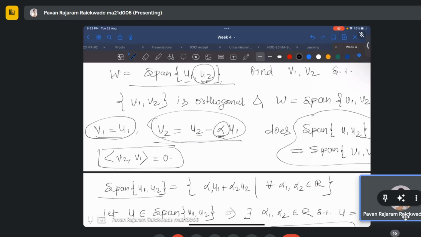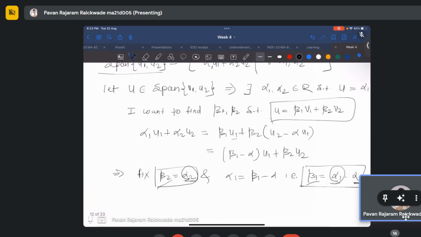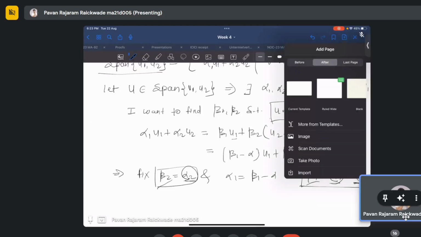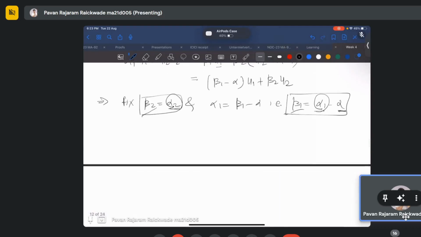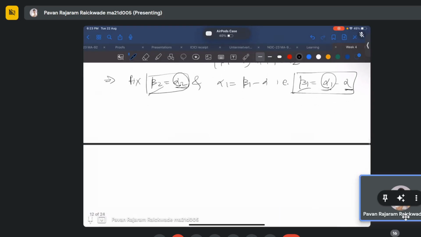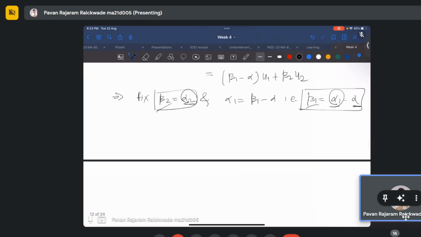For that we need a special alpha. So what is that alpha? It needs the inner product of v2 with v1 to be 0. So what is the inner product of v2 with v1? v2 was u2 minus some alpha times u1, and v1 is u1.